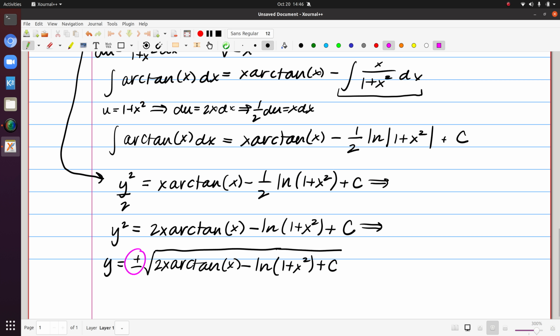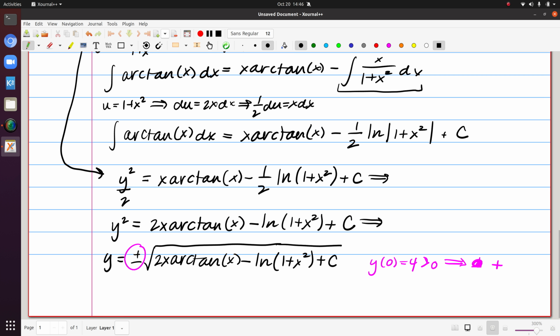We know that y of 0 here is 4, which is of course positive. So that means that we're going to choose the positive square root. If I had an initial condition that was in fact a negative number, I could have chosen the negative square root. So in my final answer, not only am I going to evaluate c, I'm also going to write that it's simply the positive square root.